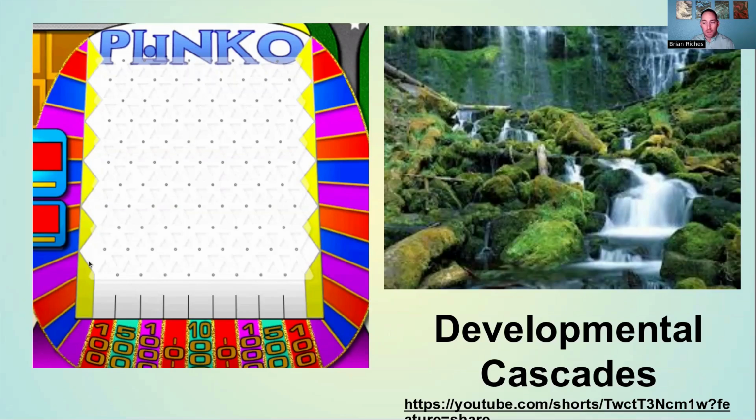It might bounce all the way to over here, or it might bounce all the way to over here. So the reason this is called developmental cascades is because we might have a variety of things in life that kind of push us to, let's say this is negative outcomes, and this over here on the right is positive outcomes. So you might start with your little water droplet right here, right in the middle between negative and positive.